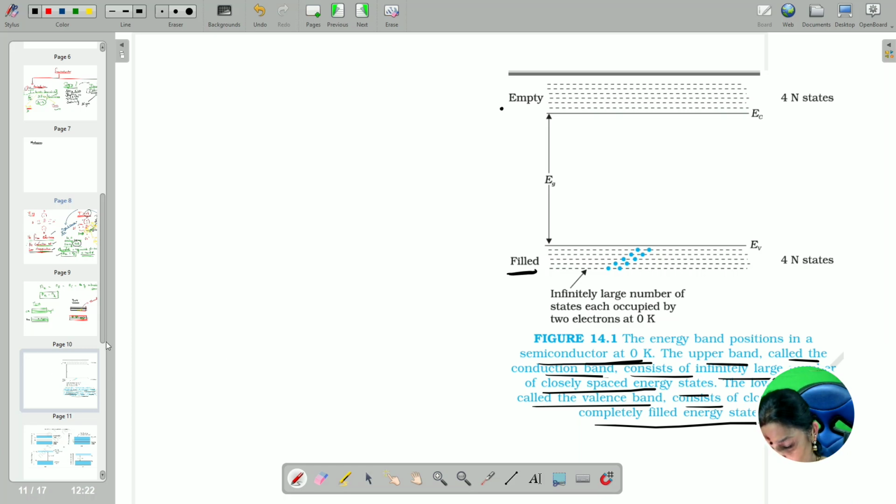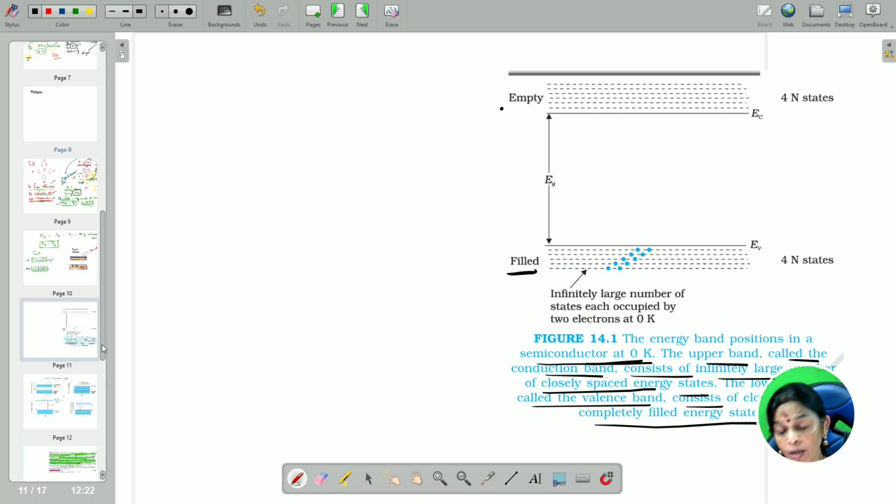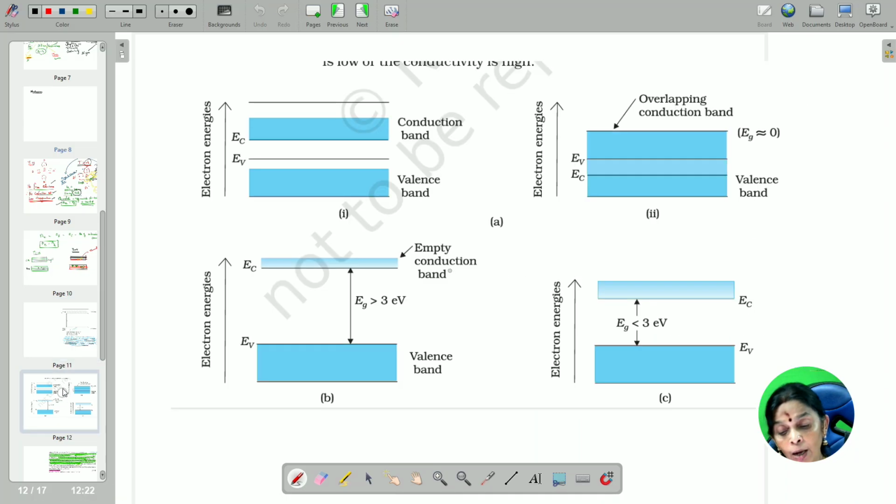Now, in order to increase the conductivity, doping is done. But before that, I want you to see this: when the valence band and conduction band are overlapping, it is called a conductor. When the gap is greater than 3 electron volts, it is called an insulator.